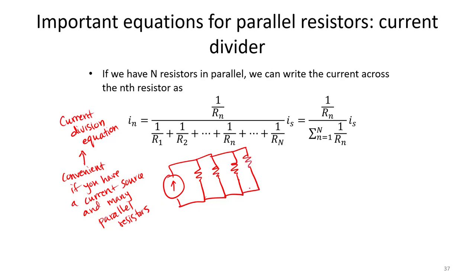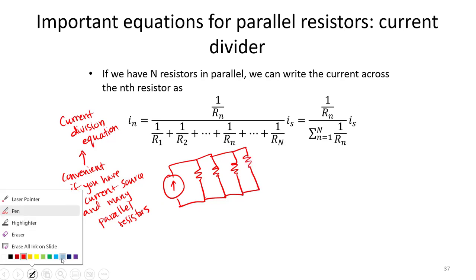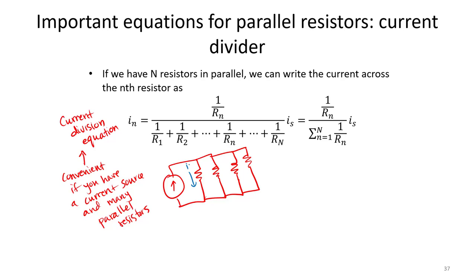Current division doesn't come up as often in this class, but once in a while it does. Basically, the current division equation lets us find the current across the nth resistor of interest. So we use current division to find the current across one resistor out of many in parallel.